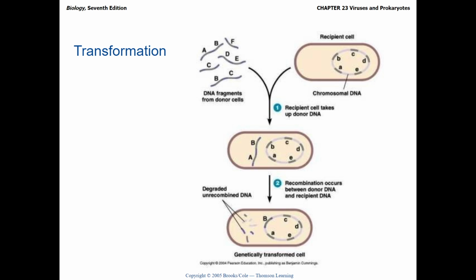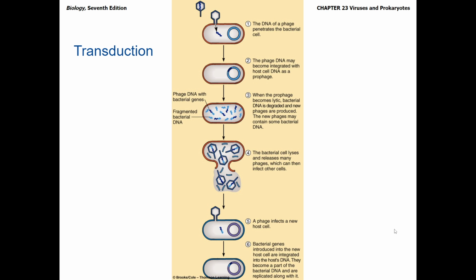Here we see an example of transformation. We see DNA fragments from donor cells, possibly dead bacteria, floating in the environment of a living bacterial cell. This recipient cell can take up the donor DNA, and recombination can occur when that donor DNA is incorporated into the recipient DNA, or into the genome of the cell, and that would create a genetically transformed bacterial cell.